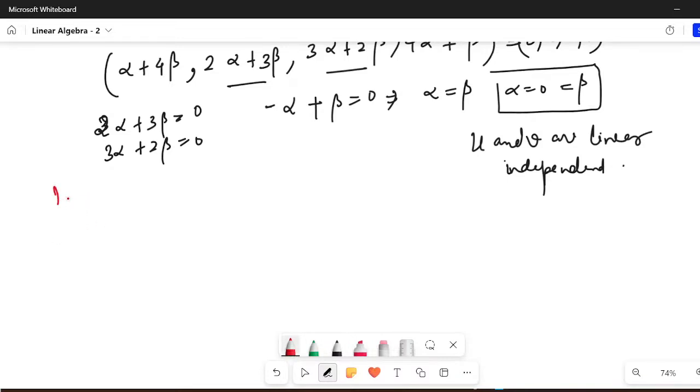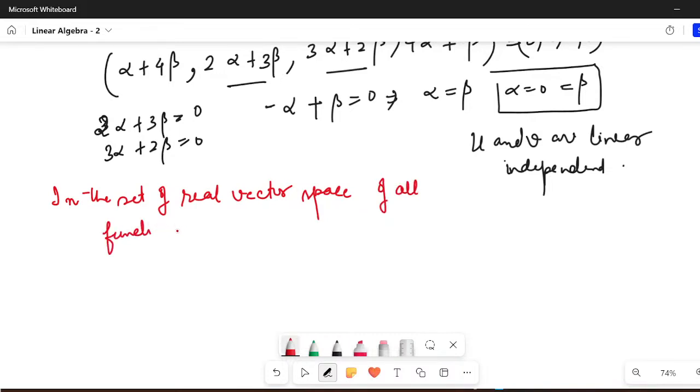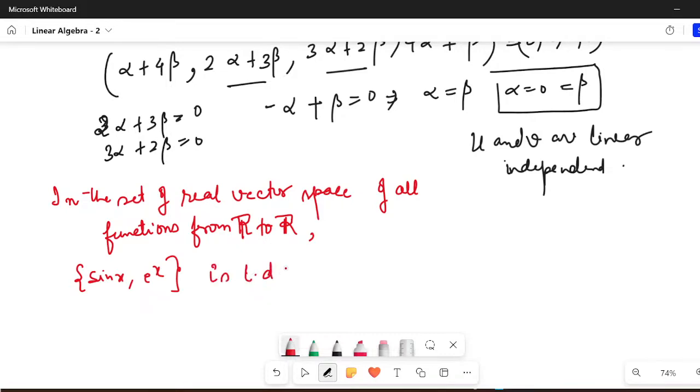So in the real vector space of all functions from R to R, determine whether sin x and e to the power x are linearly dependent or linearly independent. So what to do?